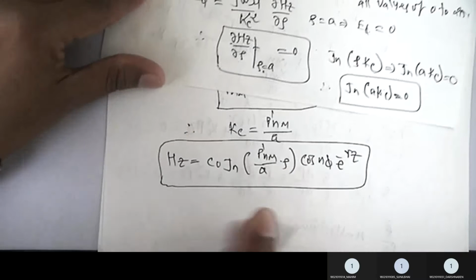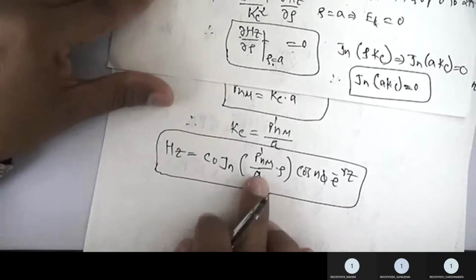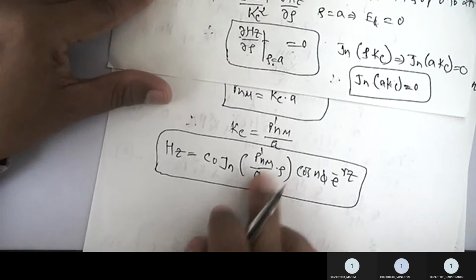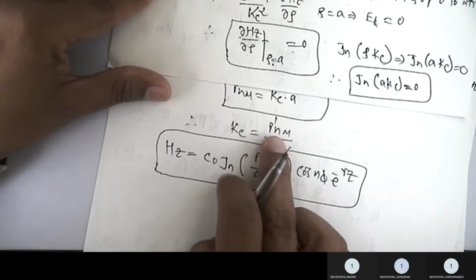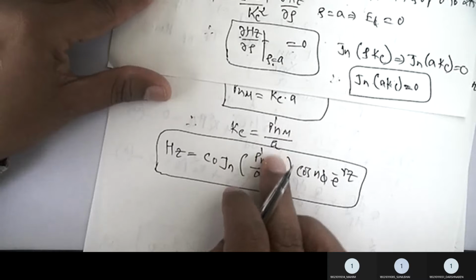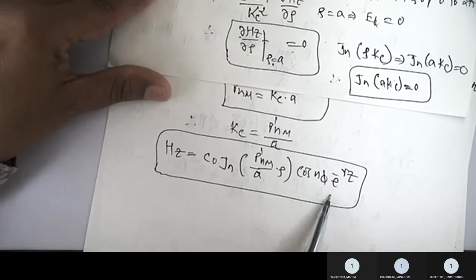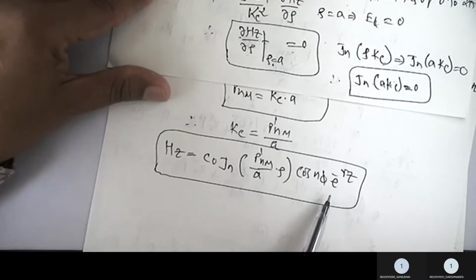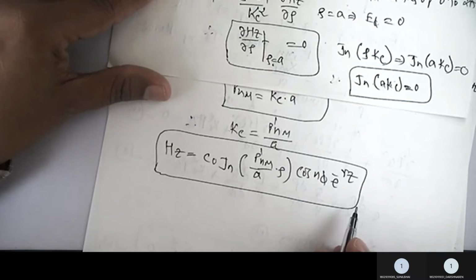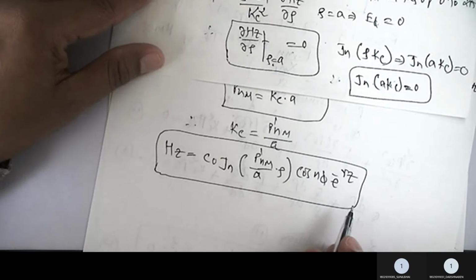So now you can see that simply I have replaced the cutoff number kc with p'_nm by a. So these expressions actually express all the possible values of h of z for the TE_nm waves in a circular waveguide.